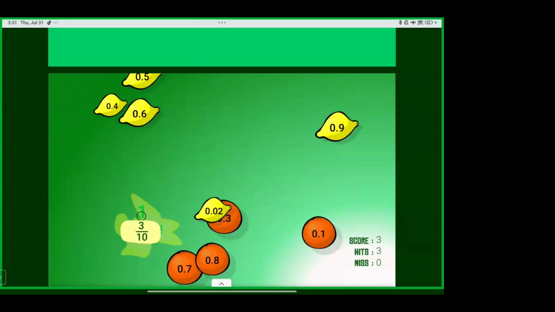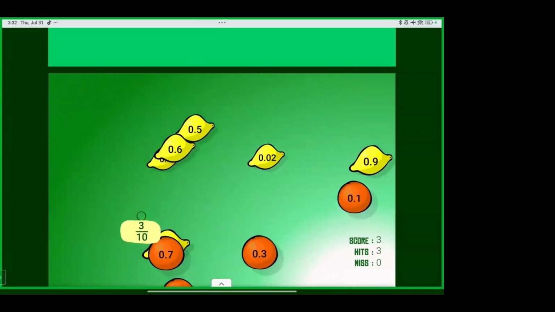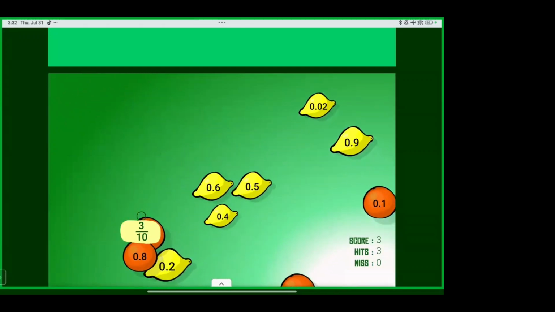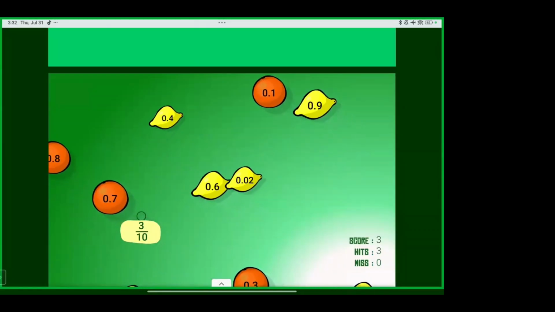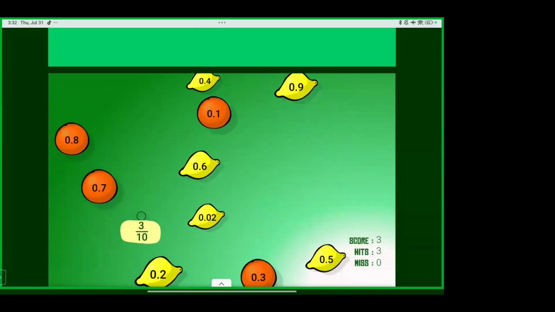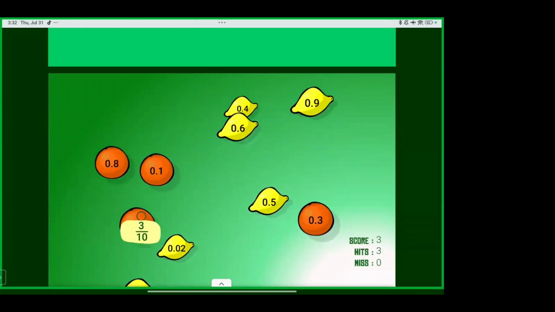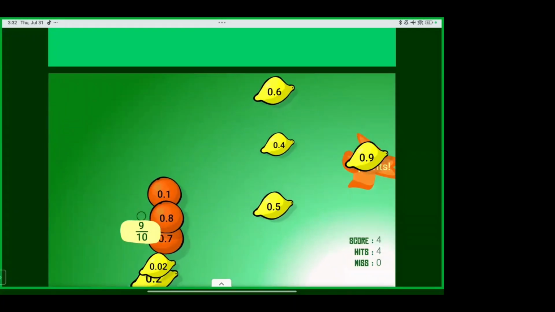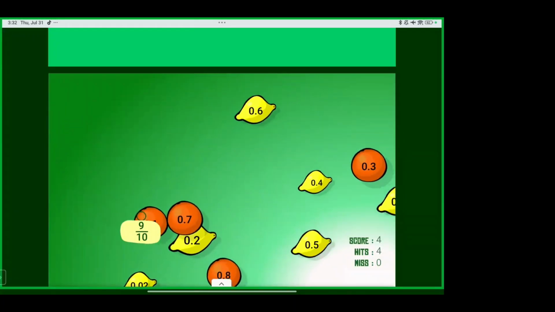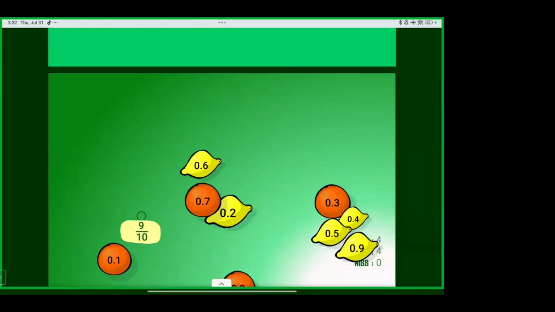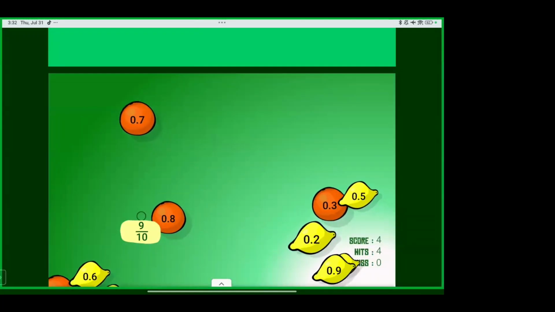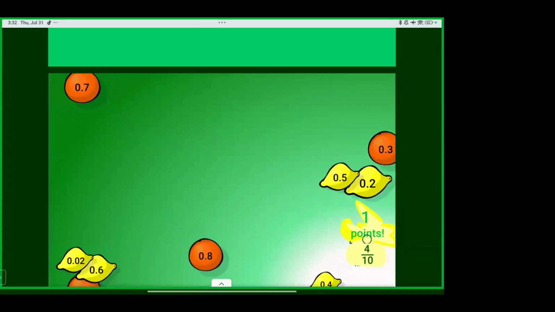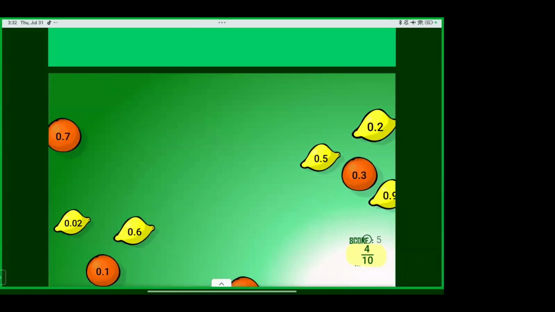Good job. What about 3 per 10? 0.3, Miss. Awesome. The fourth question, 9 per 10. 0.9, Miss. Okay, cool.